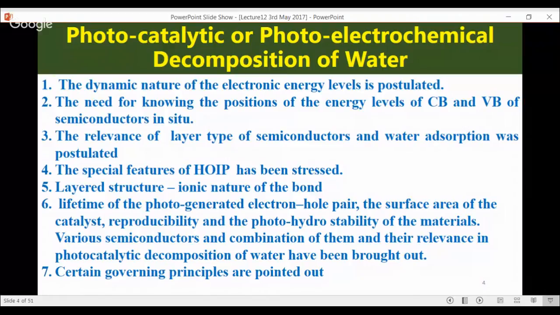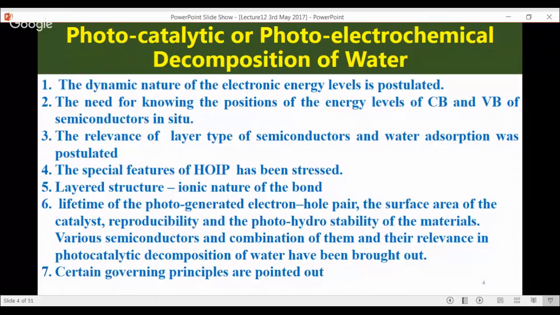This is one aspect which we have not realized, but we have a number of times shown this in a figure, but we have not talked about it. Then other than that, the reproducibility and the photo hydrosolubility and photo corrosion, all those things we have already mentioned.